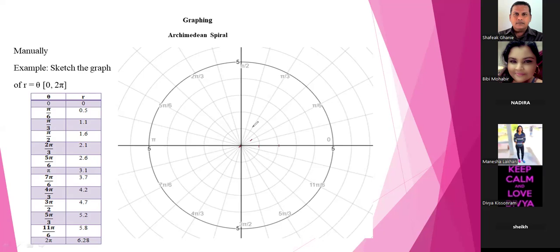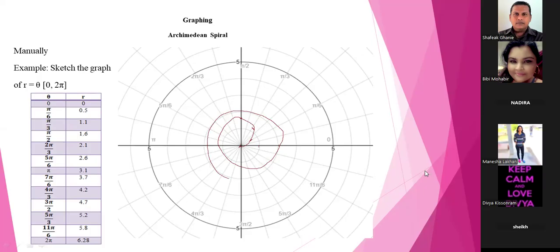So 1.1 will be somewhere here. And then we have 1.6 for pi over 2, and it goes on, right? So this spiral here will look something like this. It keeps going, going, going. So that there is how we can graph it manually.